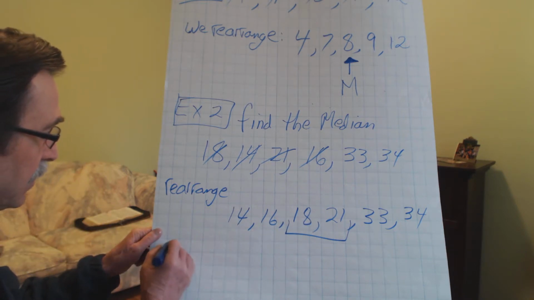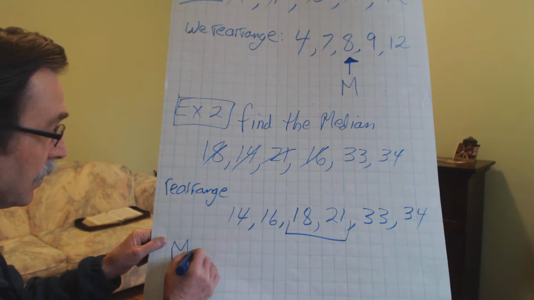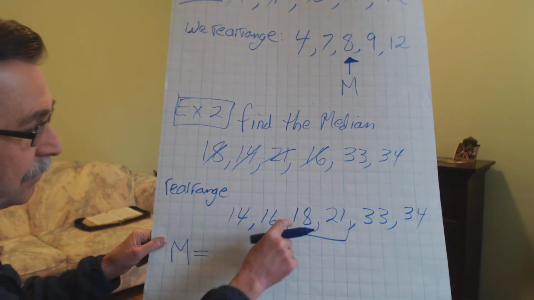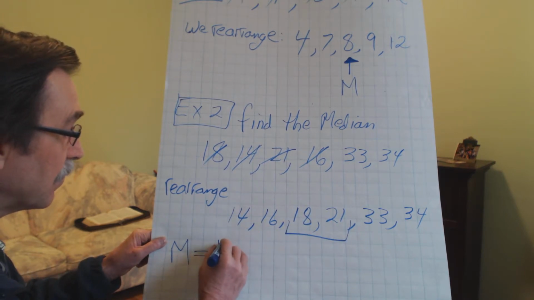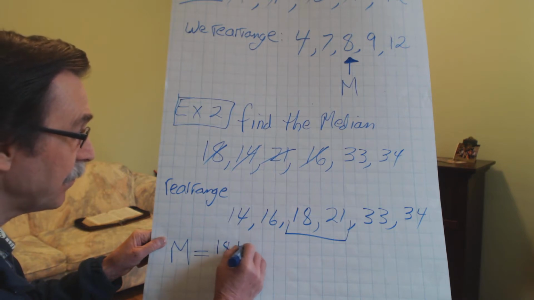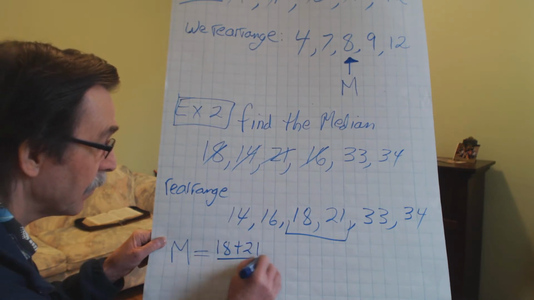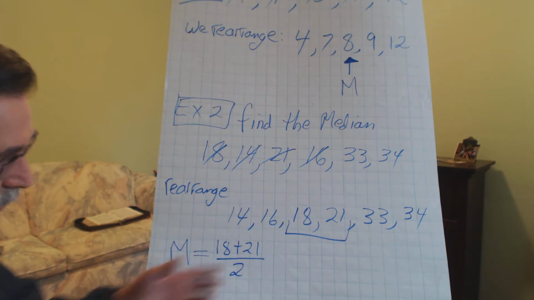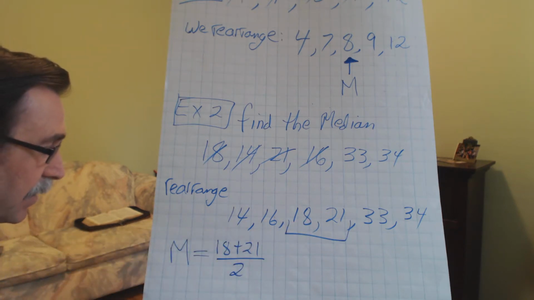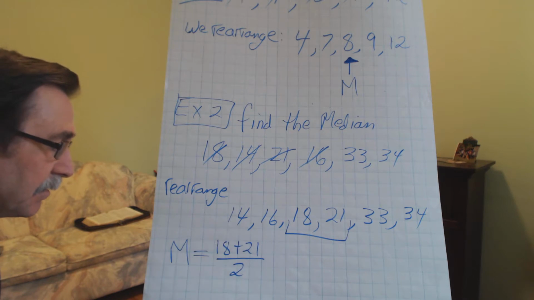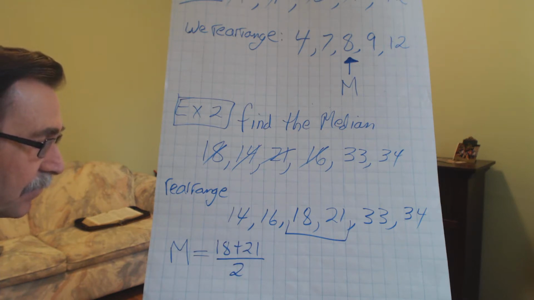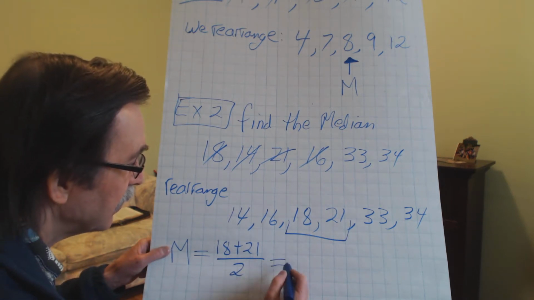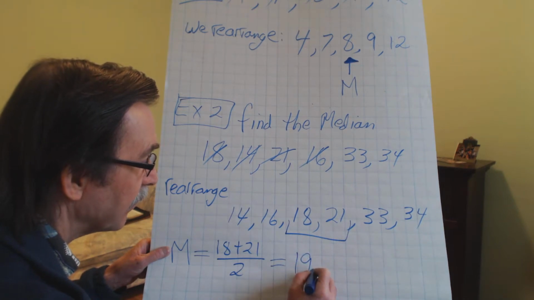So the median in this case is equal to the two middle numbers, 18 plus 21, all divided by 2, which is really the average of these two numbers, right? Which is 39 over 2, which gives us 19.5.